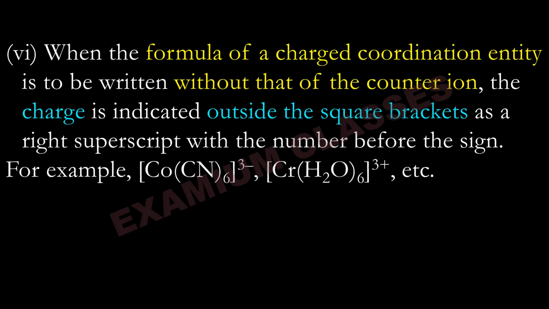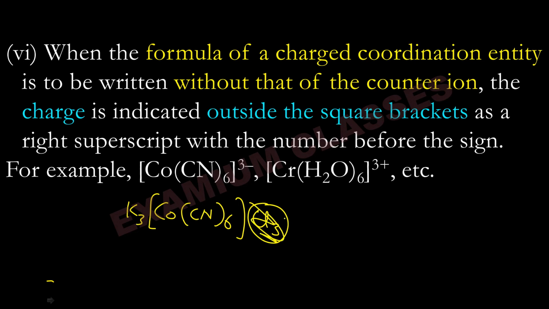When the formula of a charged coordination entity is to be written without that of the counter ion, the charge is indicated outside the square brackets. For example, it is K3[Co(CN)6].